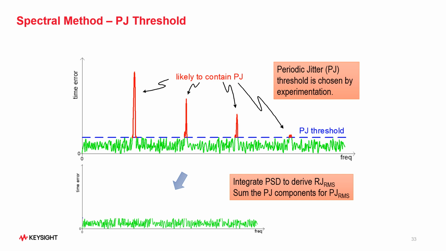What one does after this is to apply the PJ threshold to separate which component is PJ and which is random. The PJ threshold is really chosen by experimentation. There's a lot of study which is done, and this is basically chosen through experimentation. Once the PJ threshold is applied, some of these PJ components become the PJ RMS, and what's left behind is integrated to derive the RJ RMS. So this is pretty much how the spectral method works.